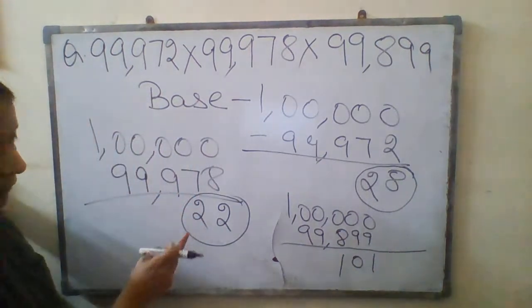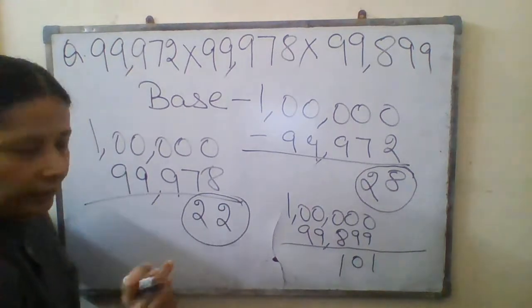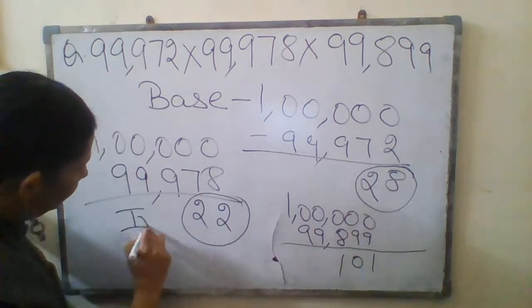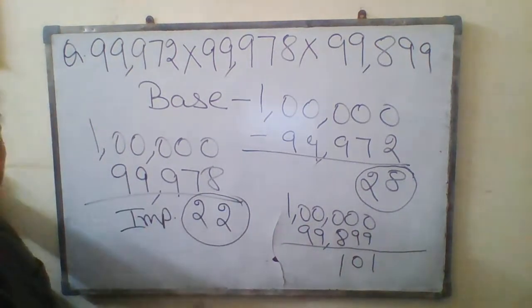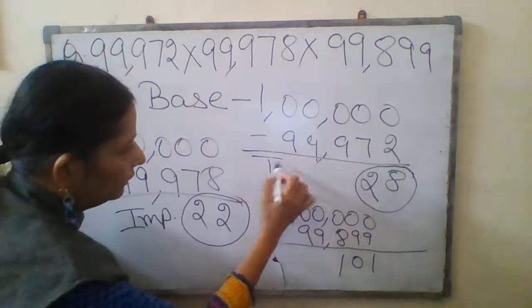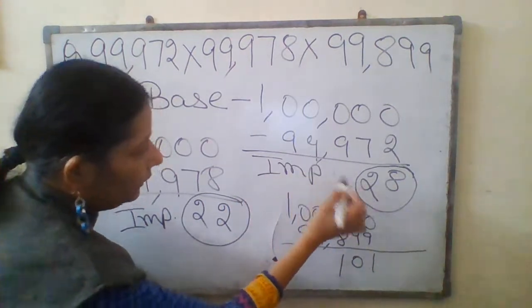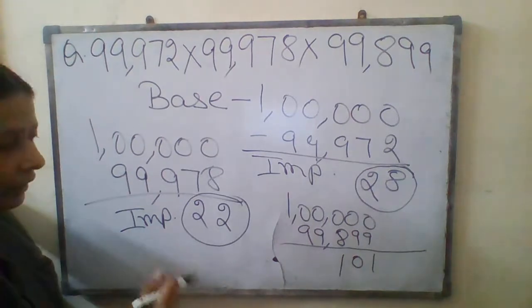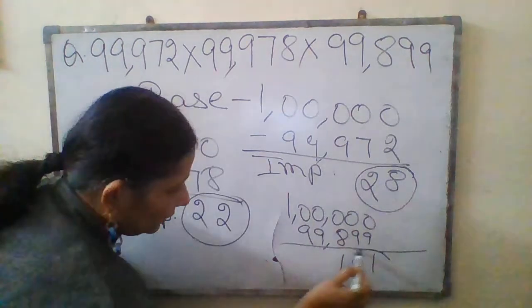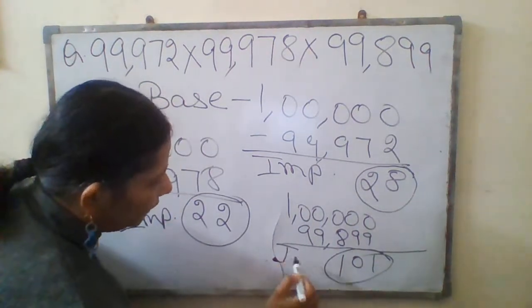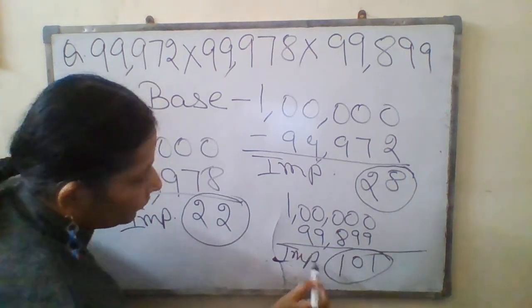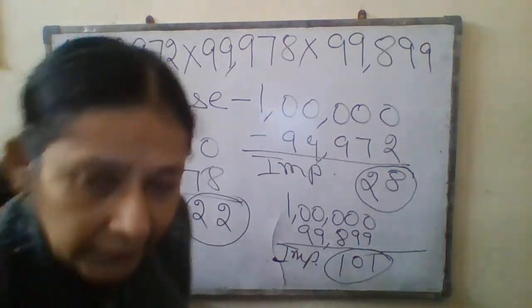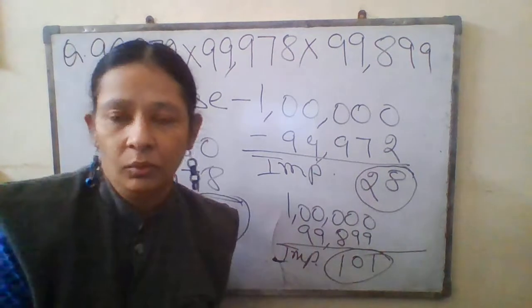Now what is important here? This 22 is important. This 28 is important. This 101 is important. Now you see what I have to do.